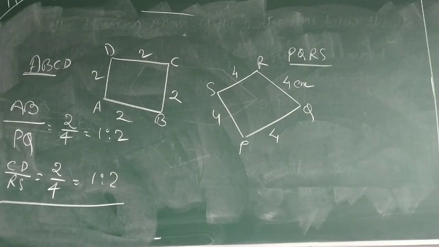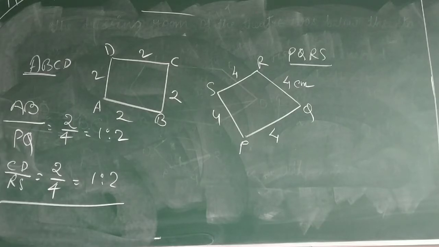Understood? So if the ratios are in proportion, that doesn't mean the polygons are similar. And if the angles are equal in both polygons, again we cannot say that the polygons are similar. But that is not the case for triangles.